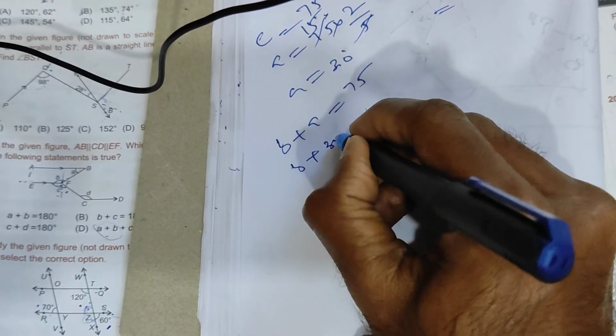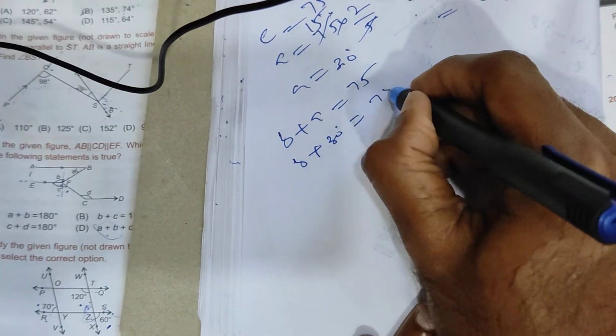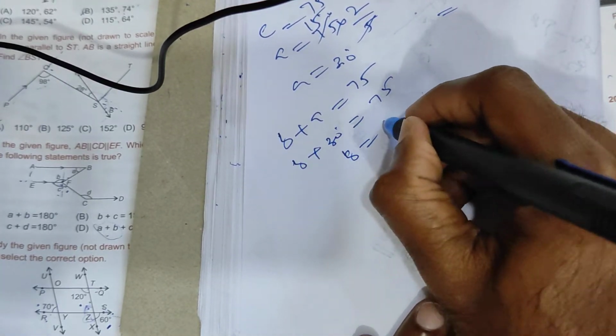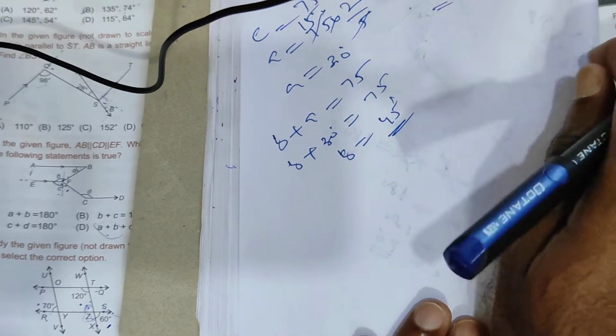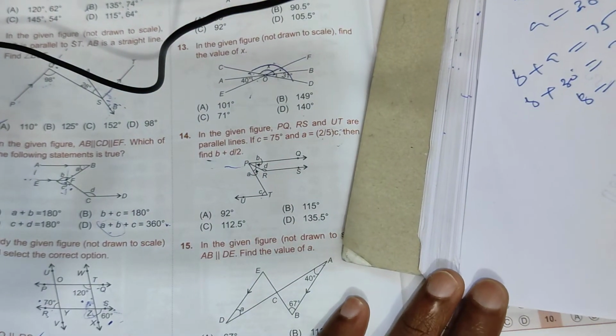B plus angle A, 30, is equal to 75. Angle B is equal to 45 degrees.